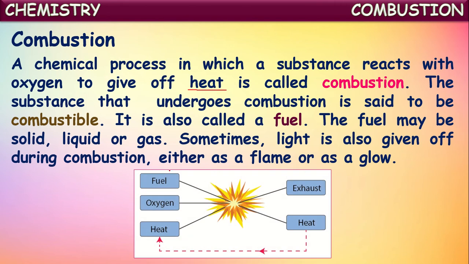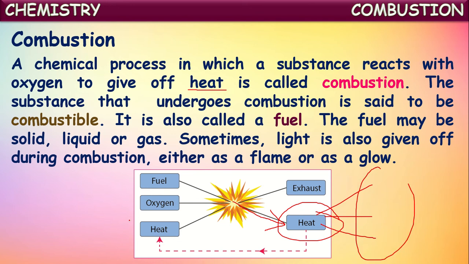So this happens when a fuel is burned in the presence of oxygen, which produces heat energy. This heat energy is utilized for different purposes: domestic cooking, running vehicles, and industrial processes. Some amount of heat energy is utilized for the further continuous burning of those fuels.